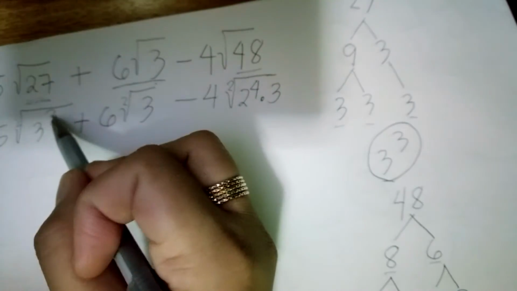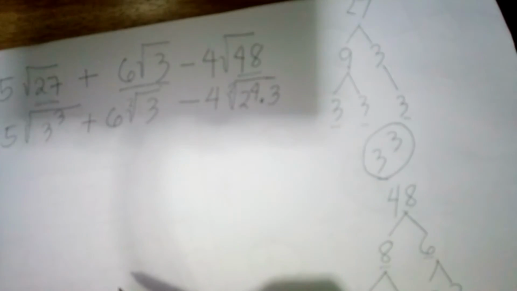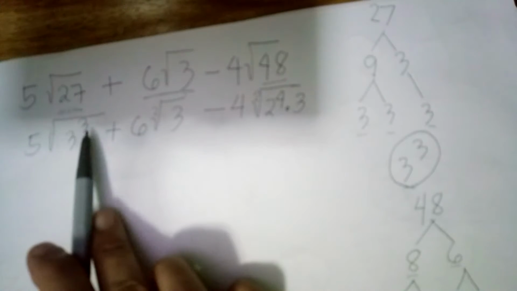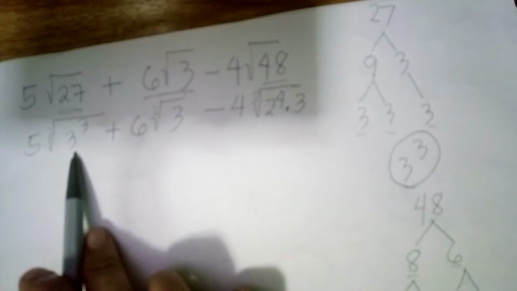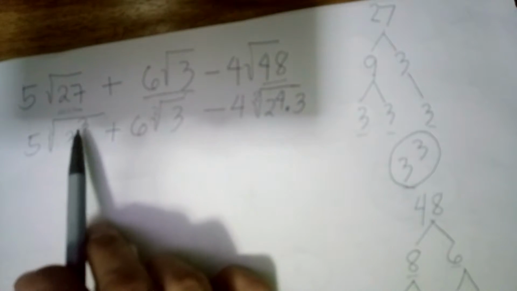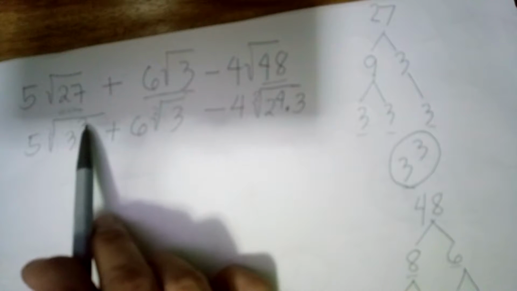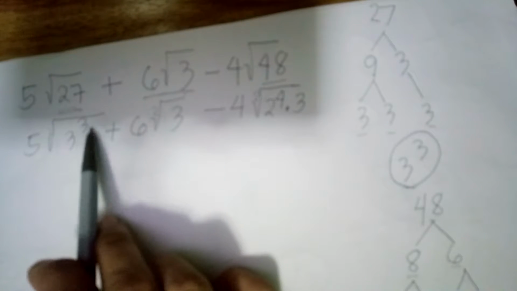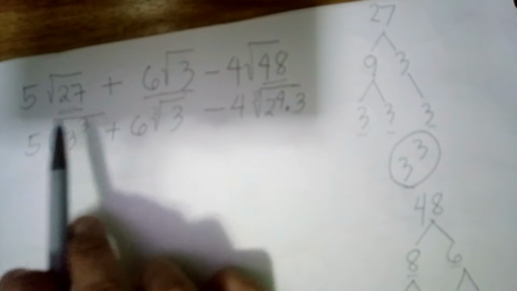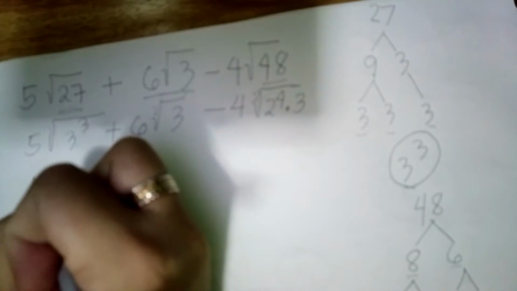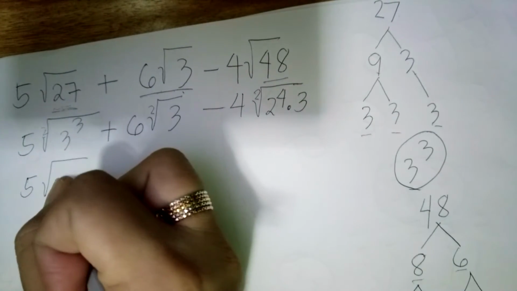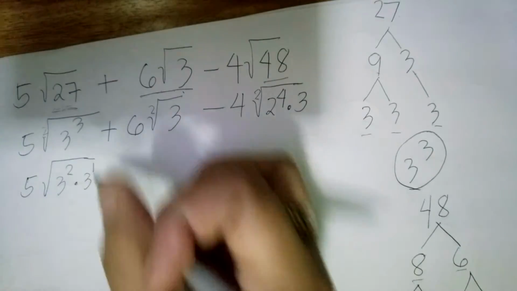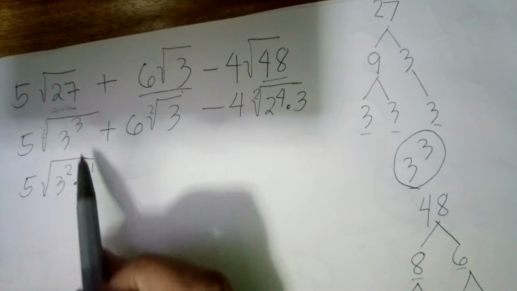So 3 is not divisible by 2. Therefore, we have to subtract 1 from 3, so that 3 minus 1 is equal to 2, and 2 is divisible by 2. So we will rewrite that one as 3 squared times 3 to the power of 1, because 2 plus 1 is equal to 3.